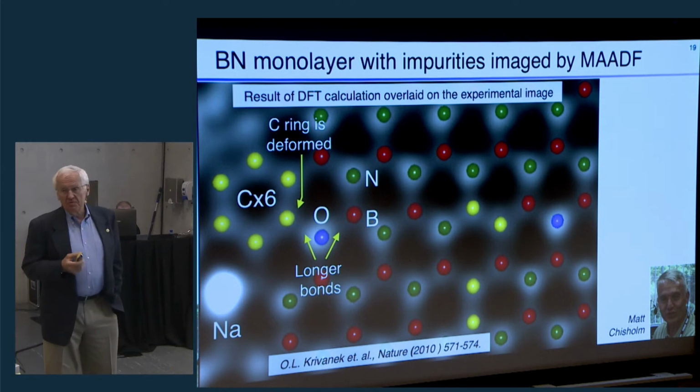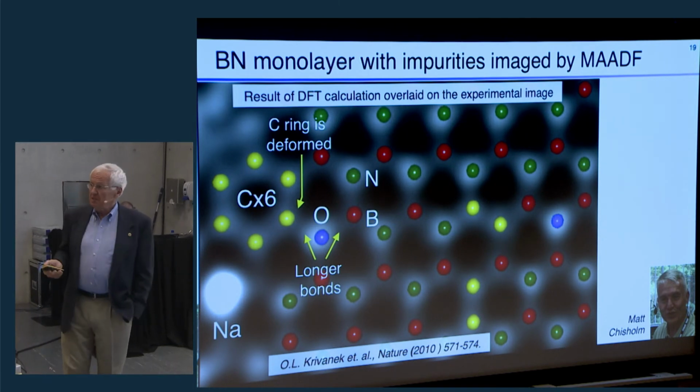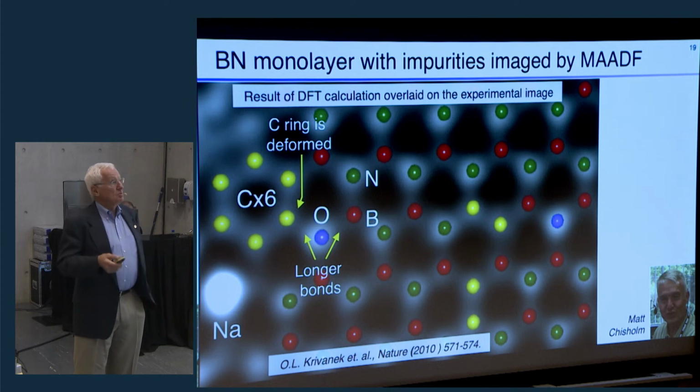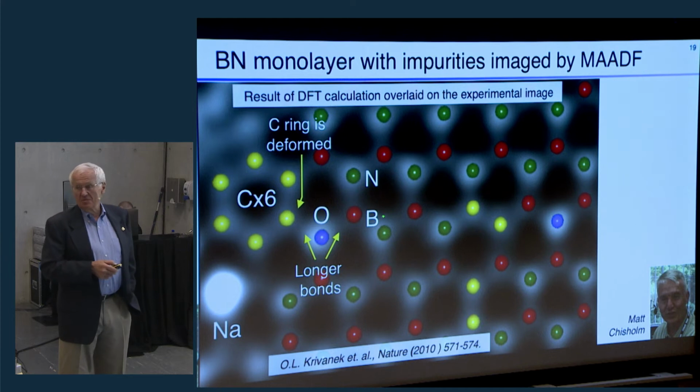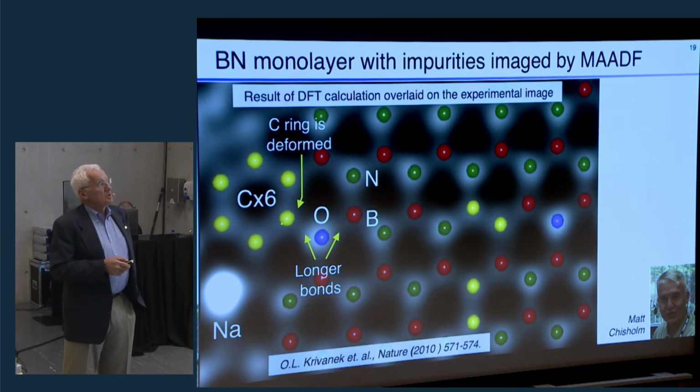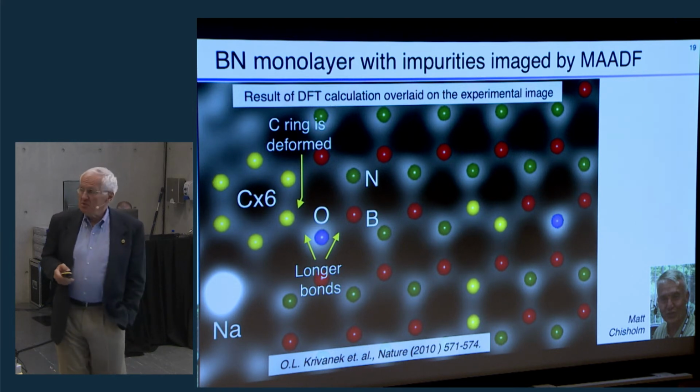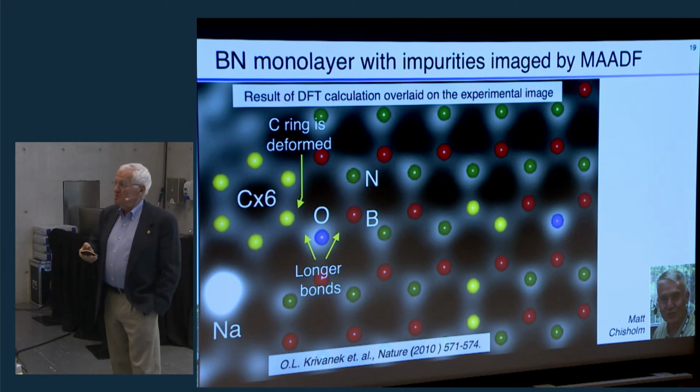And if you quantify that, so you do DFT calculation, and you superimpose the structure, and now you start seeing things like this carbon atom is actually pushed into this 6-fold carbon ring because the oxygen atom is a little bit bigger than the other one. So it pushes on this carbon atom, and the displacement is something of the order of 10 picometers.